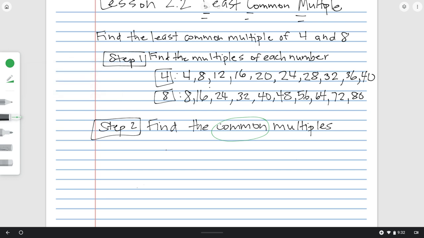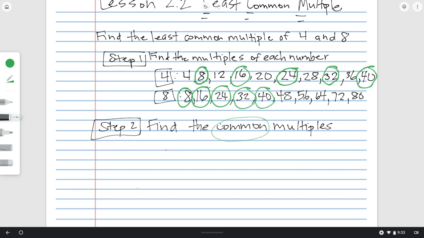I'm going to start with 4. 4 is not common in the top row and the bottom one. 8 is common in the top and bottom. 16 is common in the top and bottom. 20 is not. 24 is. 28 is not. 32 is. 36 is not, and 40 is.